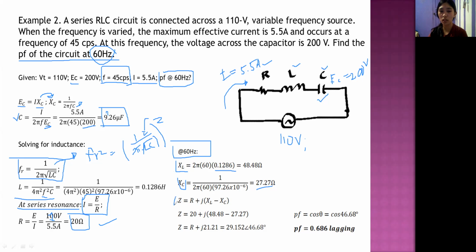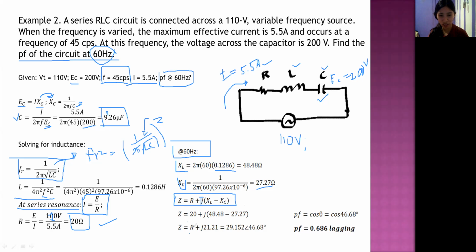So to that, as we all know, the value of the total impedance is just equal to the resistance plus j times the quantity of XL minus XC, the inductive reactance and the capacitive reactance. So you'll plug in the values that we have. So impedance is just equal to 20 plus j 48.48 minus 27.27.